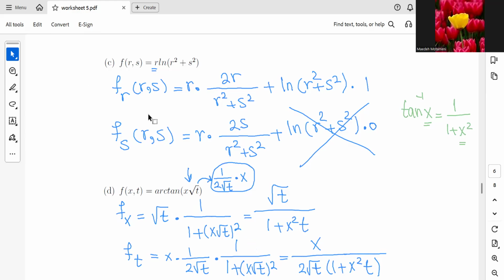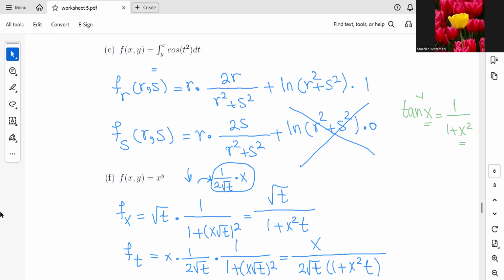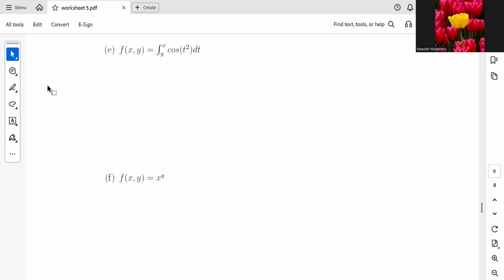Next one is part E, which looks to be an integral, which is actually an integral, but we're going to find the derivative of that. Based on the first fundamental theorem of calculus that you have read previous semester, that would be f sub x of x and y, the derivative with respect to x.